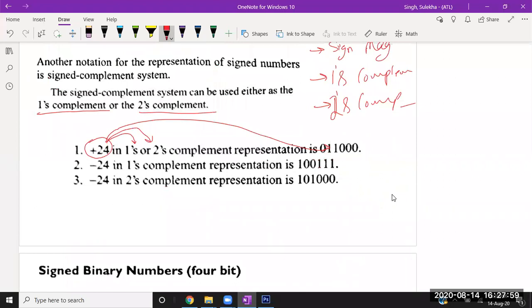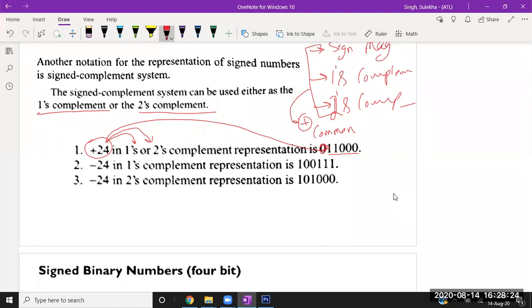Whenever you are writing plus 24, no need to worry about anything because you are dealing with a positive number. Just write the binary equivalent of 24 and insert 0 in front of it. In all the three systems, if it is a positive number, the answer is common.